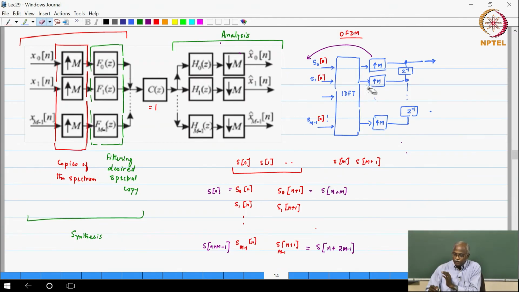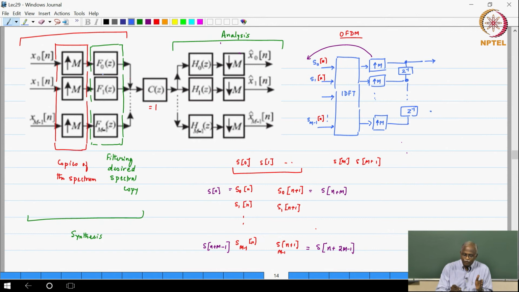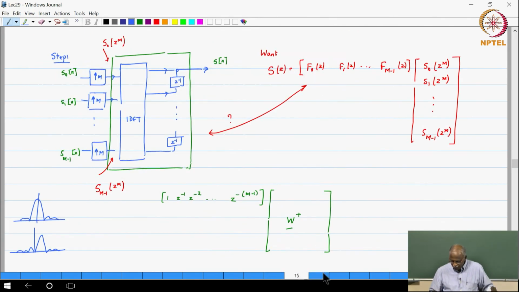Then we analyzed what the IDFT was actually doing, and showed that the IDFT is nothing but a filter bank, where the prototype filter is the rectangular window, and you get a DFT filter bank from this. So the OFDM transmitter is doing exactly the transmultiplexer operation, with F0, F1, up to Fm minus 1 being part of a DFT filter bank, where the underlying prototype filter is the rectangular window.